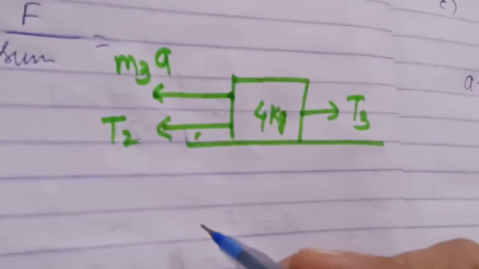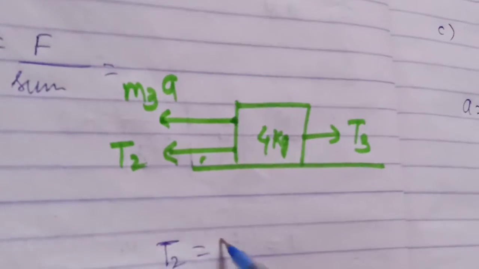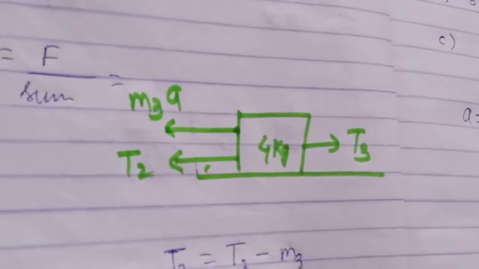So because of that, T2 is equal to T3 minus M3A.